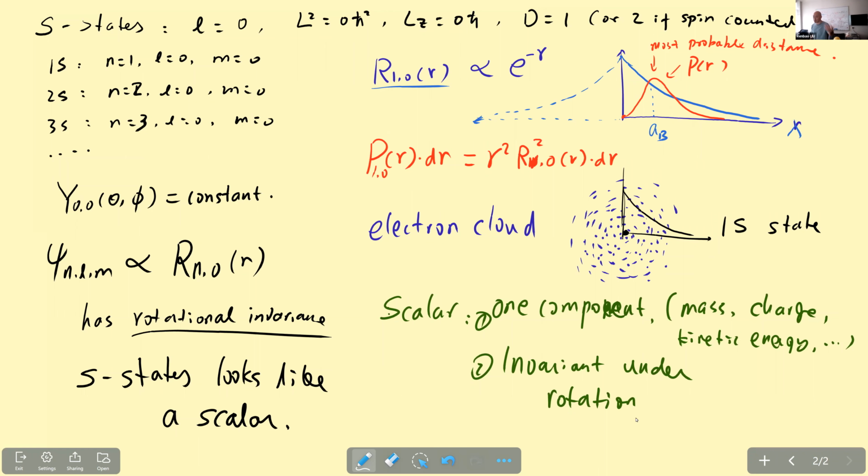And also to describe this physical quantity, mass, you only need this one quantity, okay? And the s state, of course, is a wave function, but you have only one state for each shell. So in this sense, we say we have only one component. And this component is invariant under rotation, okay? So this is the case for the 1s.